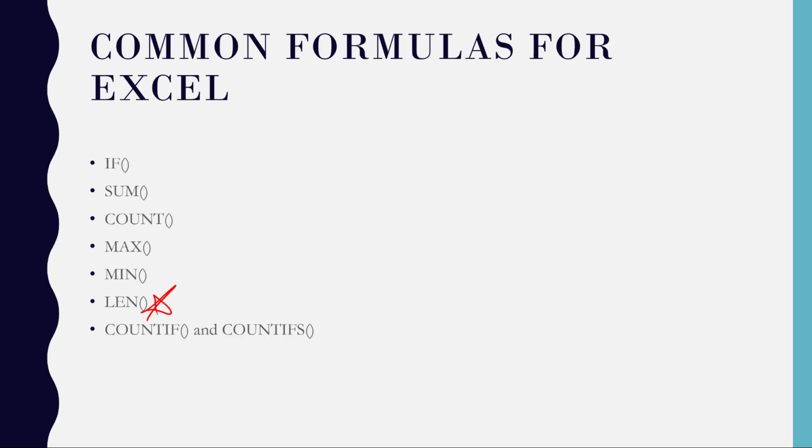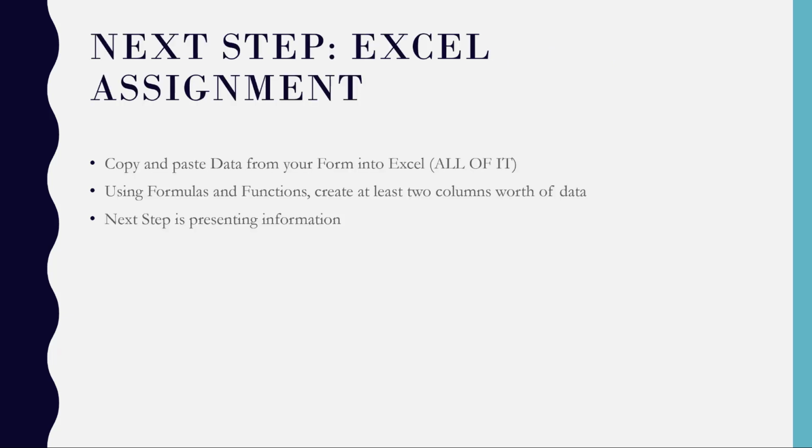For instance, if the cell says happy, it would count the characters: 1, 2, 3, 4, 5. So the length of the cell that says happy would be 5. COUNTIF and COUNTIFS are conditional functions that count if something satisfies those conditions, and we'll use that in just a second.